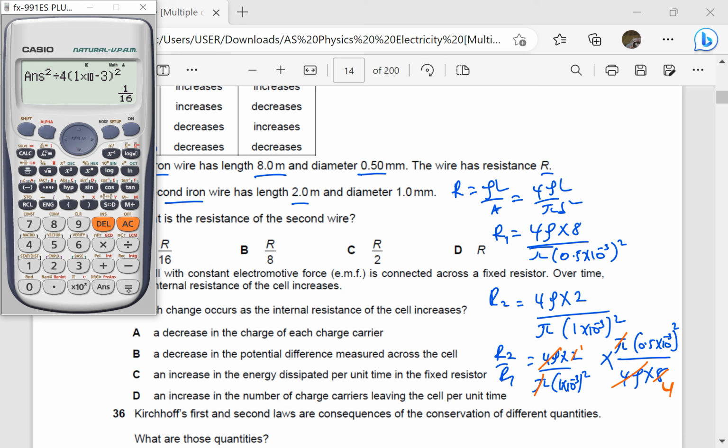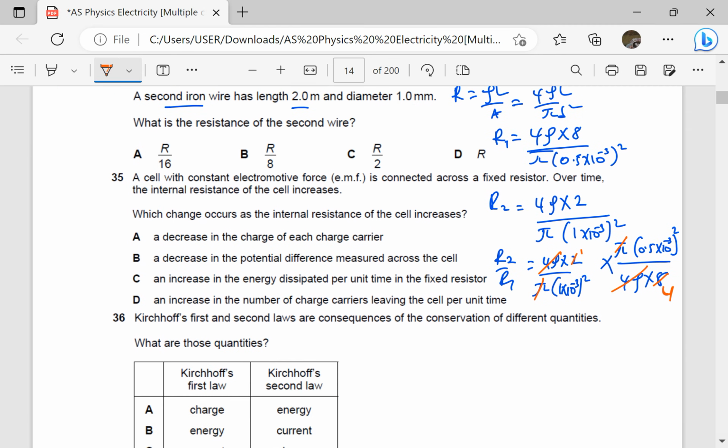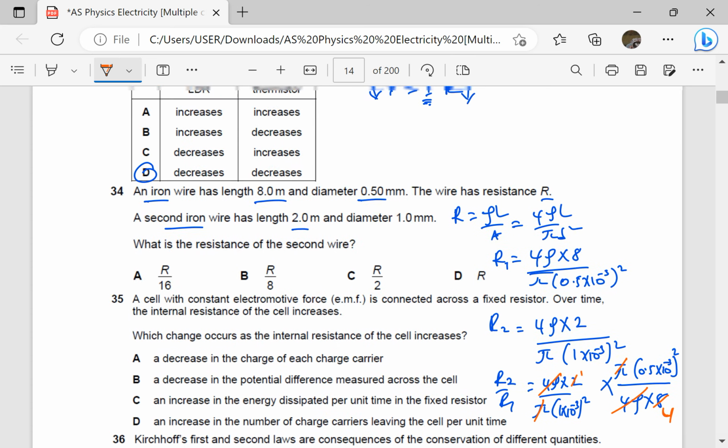That is 1 over 16. So it means R2 over R1 is equal to 1 over 16. That means R2 is R1 over 16. And R1 is just R. So the answer here is going to be A.